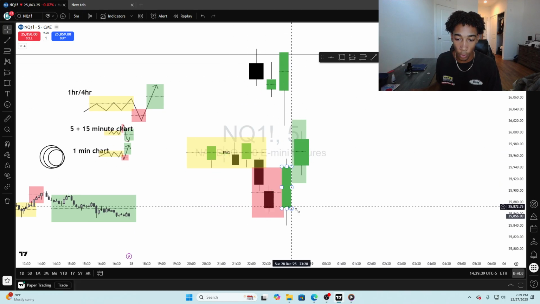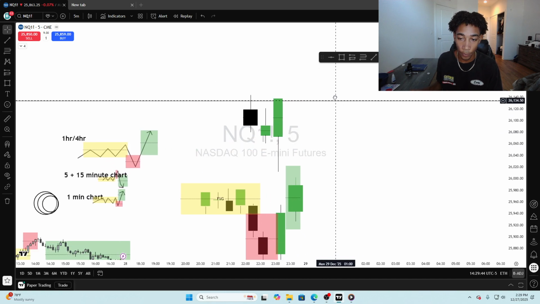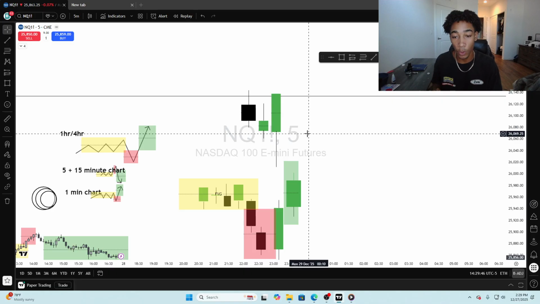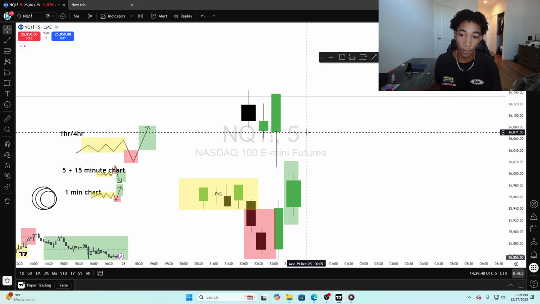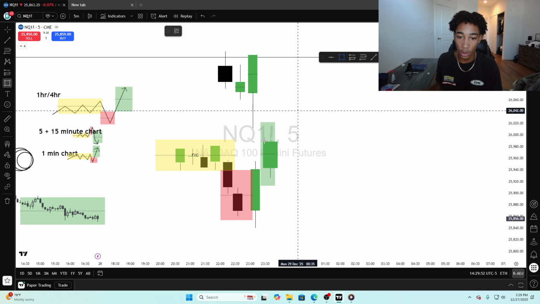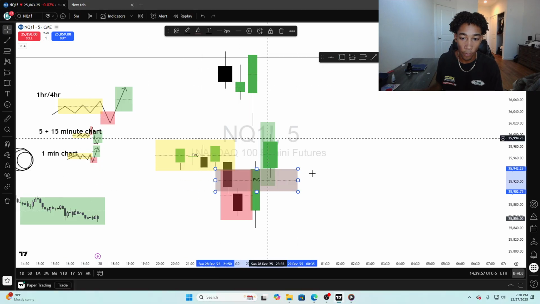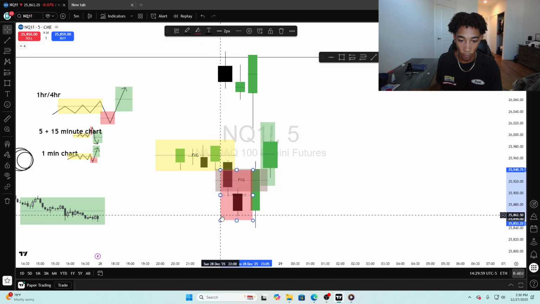So here's how it looks in the 1 minute, and then here's how it's going to look in the 5 minute, right? A wick. That's why wicks are extremely important, because wicks determine manipulation, and wicks have fair value in it. And the fair value, things like this. As you can see, I made a fair value gap right here. We inversed it.